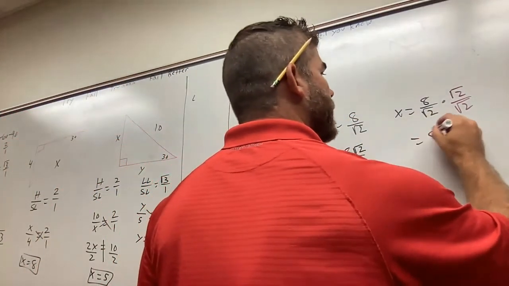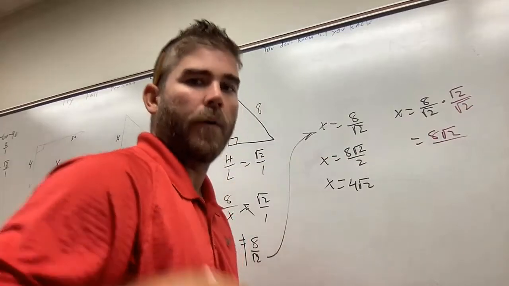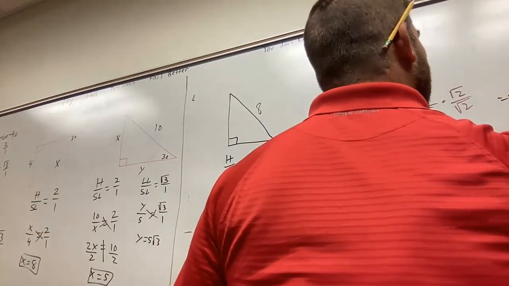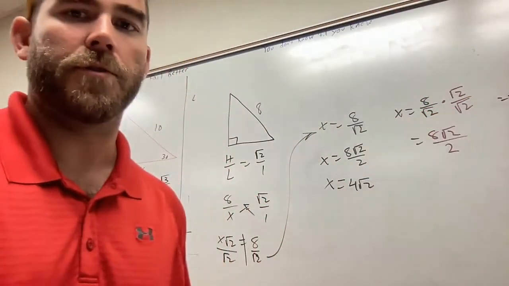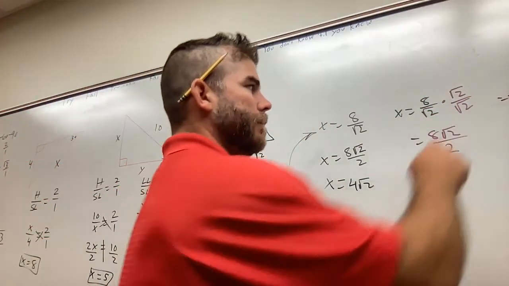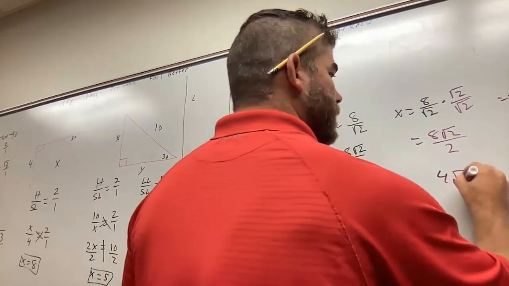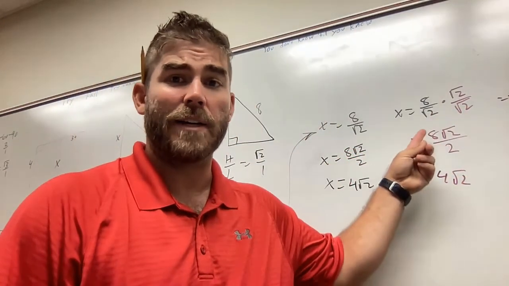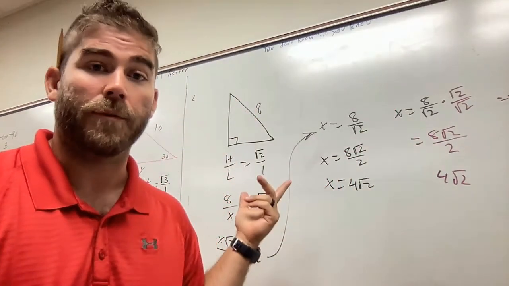So this is going to be 8 radical 2 over radical 2 times radical 2. Now, radical 2 times radical 2 is technically radical 4. Square root of 4 is 2. That's where you get your 2 from, all right? Because I just multiply these radicals, and then the 8 just divides by the 2, and there's your 4 square root of 2. Now, it's good to know that we needed to rationalize, like this step. It's good to know. But if you just memorize a shortcut, I'm cool with that too. It doesn't matter.